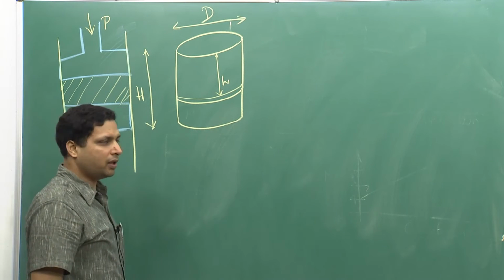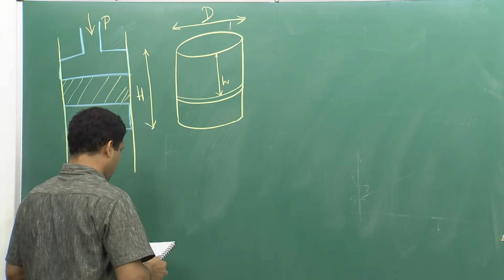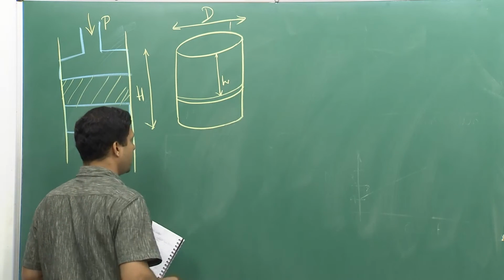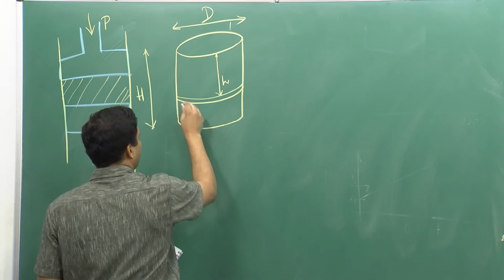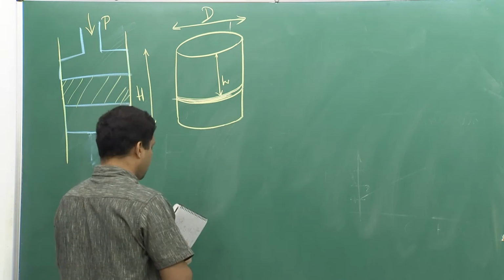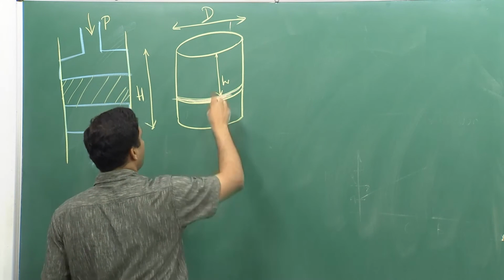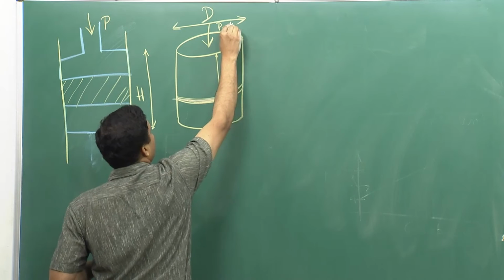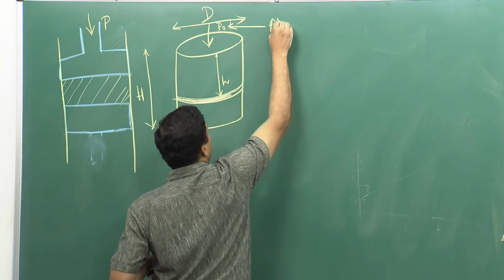Small h is a variable over here, and this is the section that we want to analyze. Let us say the pressure that you have applied is P naught. So, P naught is the applied pressure.